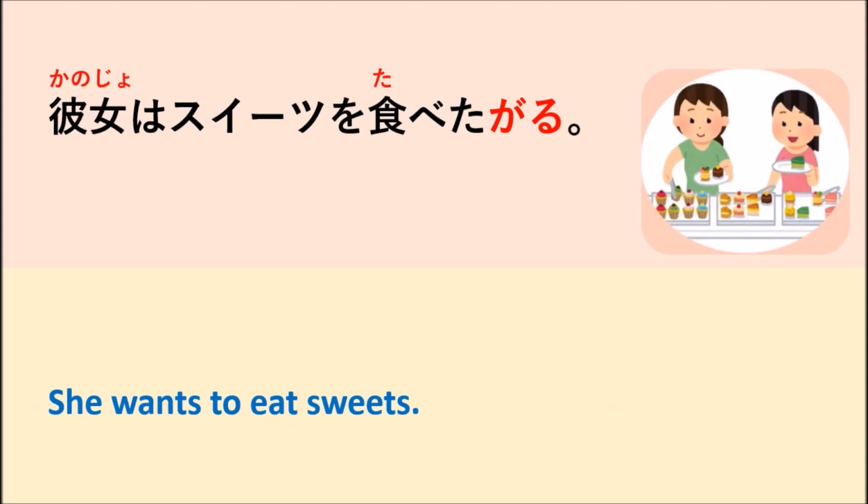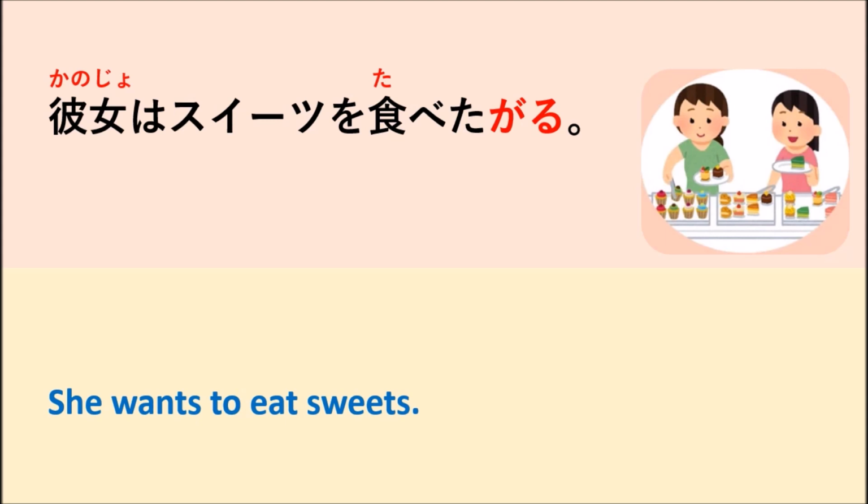Let's see another sentence. In this sentence, they say: Kanojo wa suiitsu o tabetagaru. And it means she wants to eat sweets.